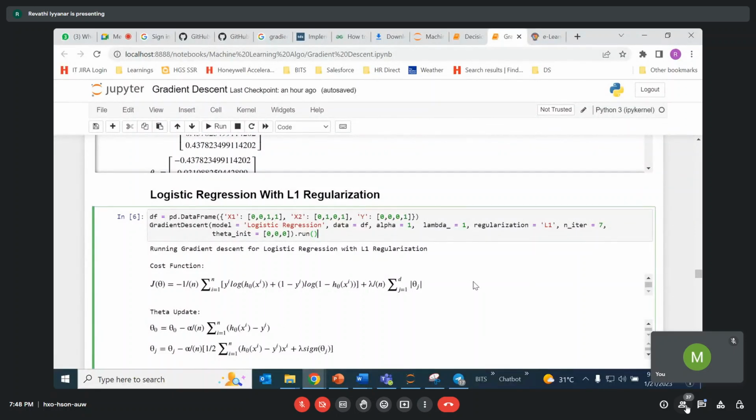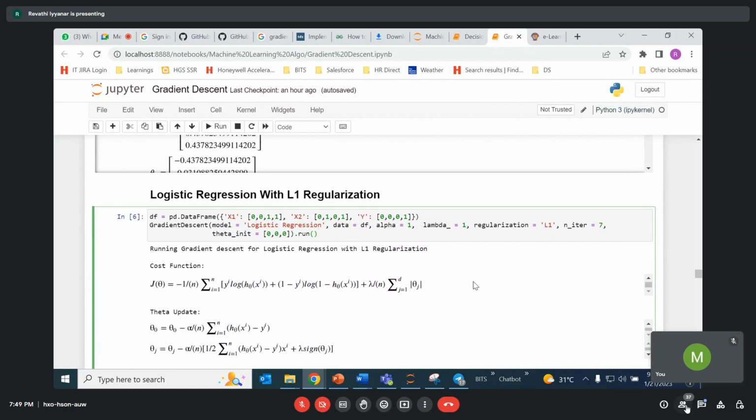That will not be suitable for the final model. If we get values like 10,000, 20,000, 30,000 for theta, the model will be overfit or underfit.